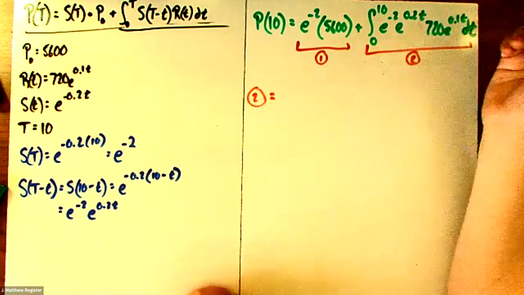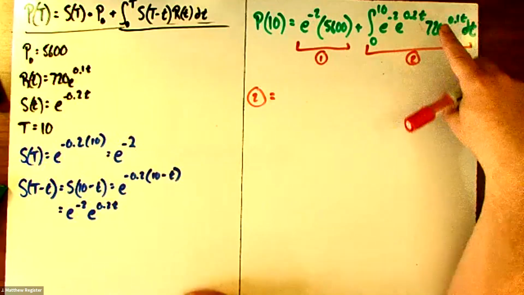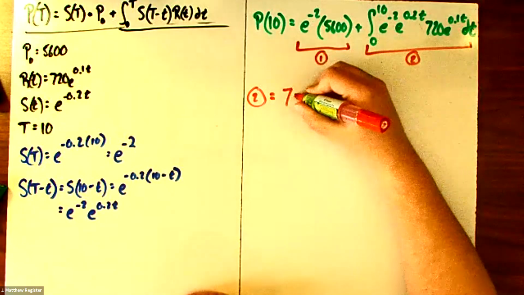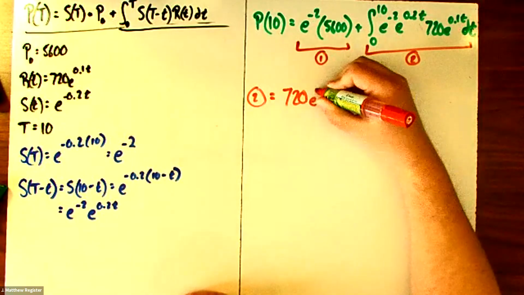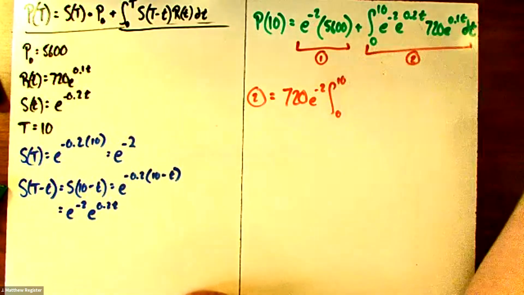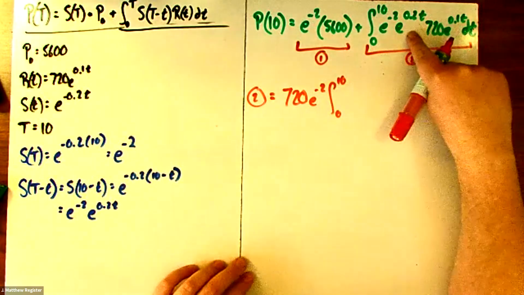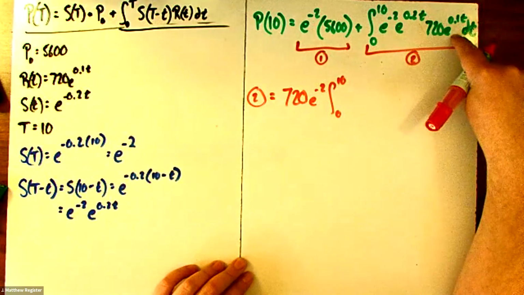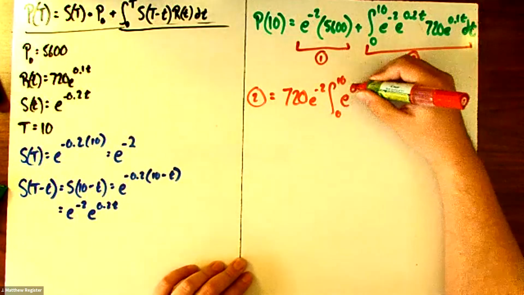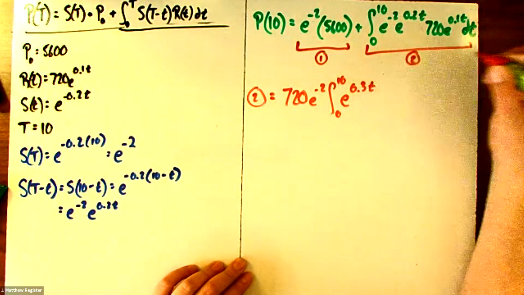And so it's going to be the integral from 0 to 10, but we have a 720 and an e to the negative 2, which we could just pull out because they are just numbers. The e to the 0.2 t and e to the 0.1 t, we could combine, giving us an e to the 0.3 t.